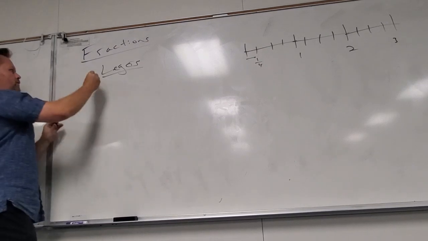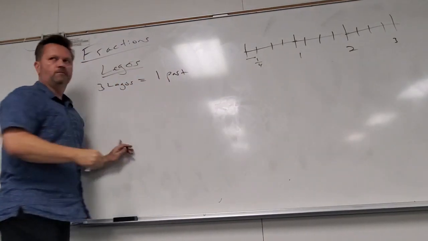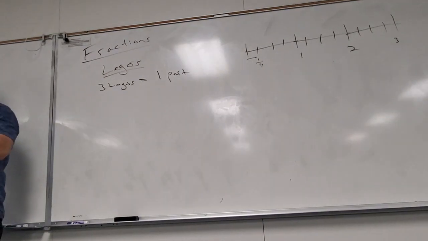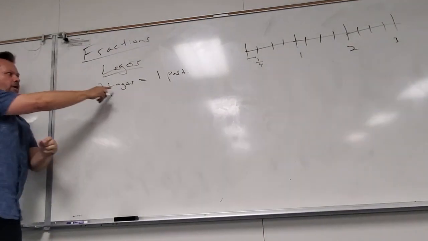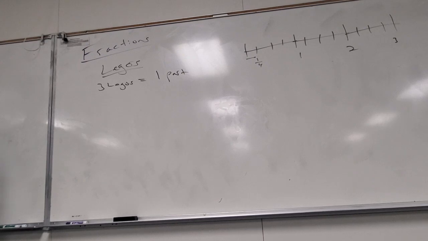So it takes 3 Legos to make 1 part. And then the parts you can stick together. Are you guys kind of seeing where I'm going with this? So each little Lego is how much of a part? Another way to think of fractions is keeping track: I need 3 total, and I've got 1 out of 3 of the things I need.